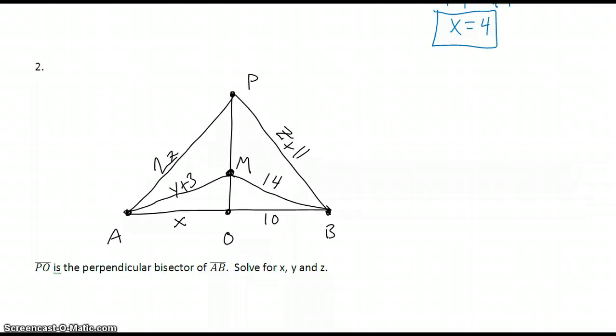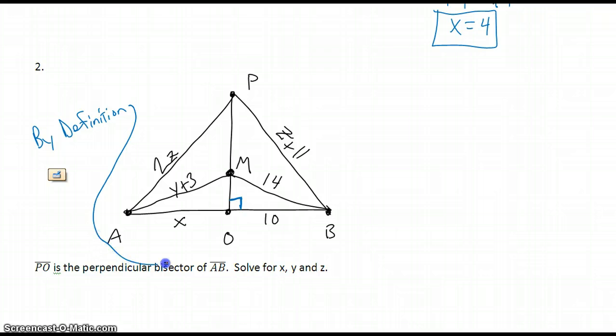In problem 2, segment PO is the perpendicular bisector of segment AB. By the definition of perpendicular bisector, we know that this angle has to be a right angle, and we know that AO is going to be congruent to BO.